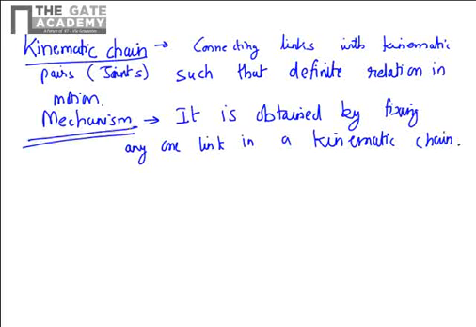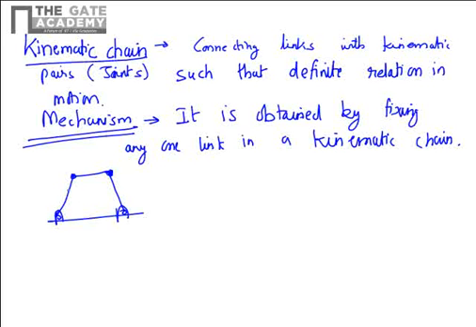So a kinematic chain is more of a theoretical definition of mechanism formation, and if you fix one link, then a mechanism becomes useful. For example, consider a mechanism here, that is the 4-bar linkage, which we will be covering in much more detail in coming slides.